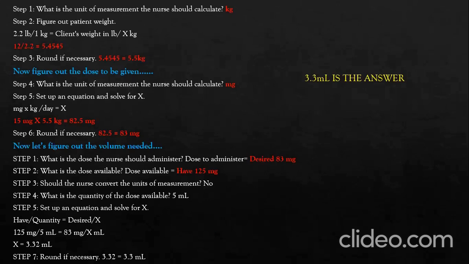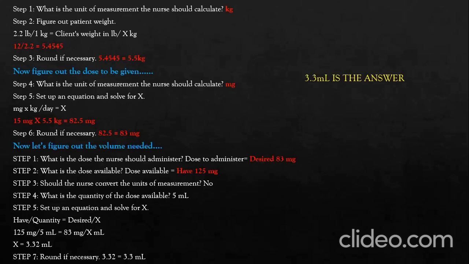First, of course, you need to figure out how many kilograms a person weighs. We can't do anything with pounds. So 12 divided by 2.2 is 5.4545. But we're going to round it, so we'll round that first to 5.5 before we move on. Next, we need to figure out how many milligrams.